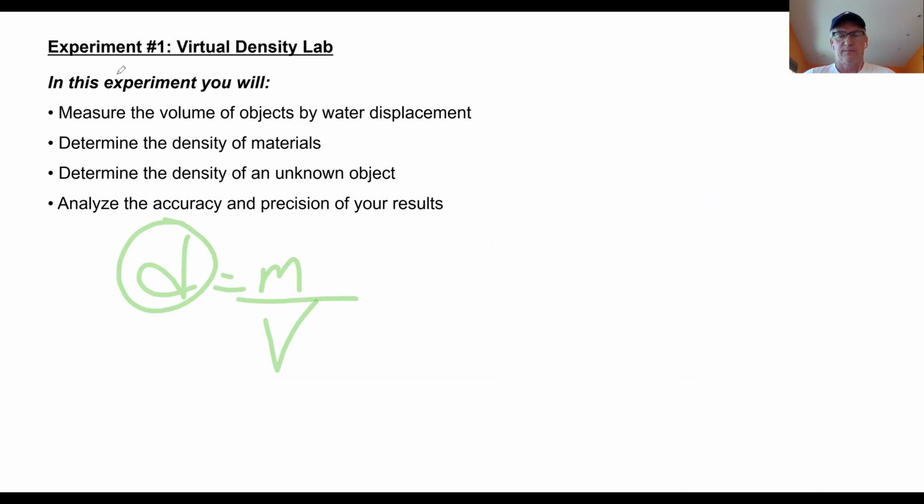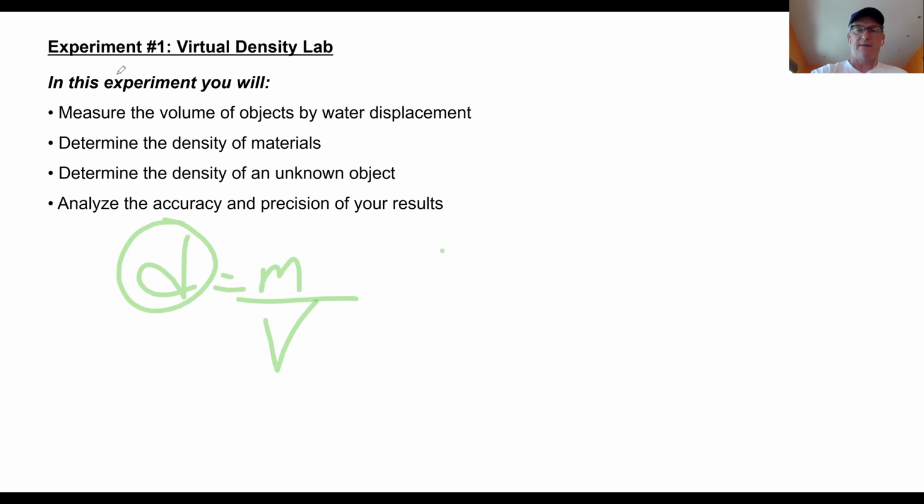The least significance. What does that mean? The least significance of mass or volume. Yeah.